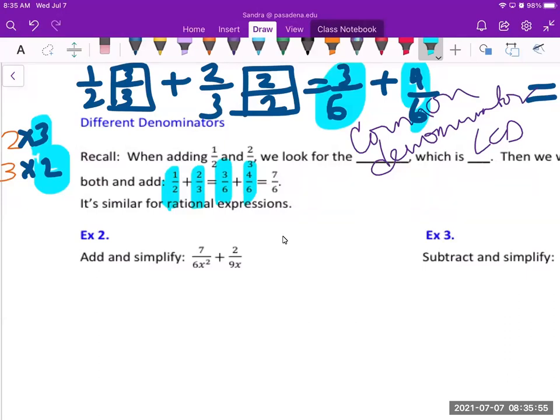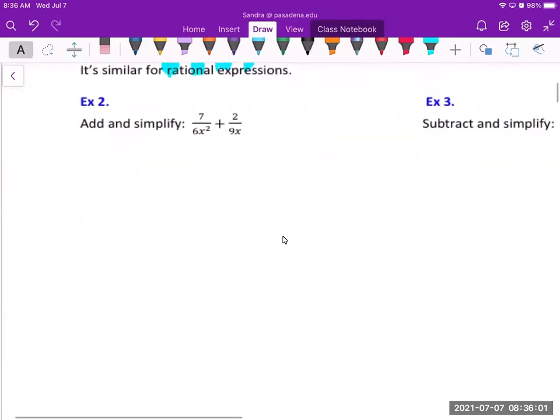For example, example 2. If you look at example 2 right here, it says, go ahead and add and simplify. And so then I have the 7 over 6x squared plus 2 over 9x. The first thing that I am going to look at is the denominators, and I'm going to try to make them the same.